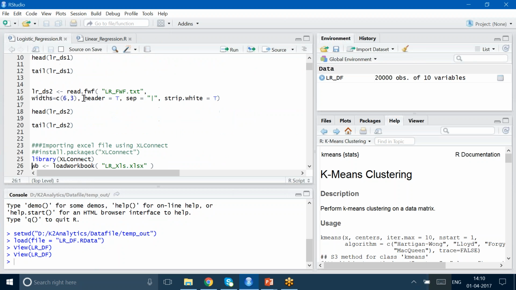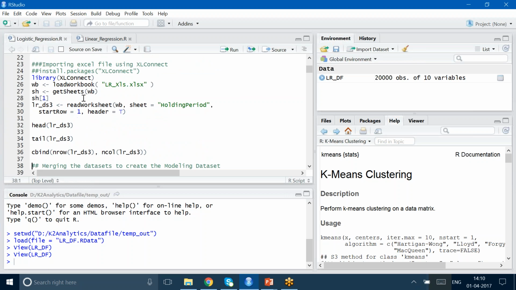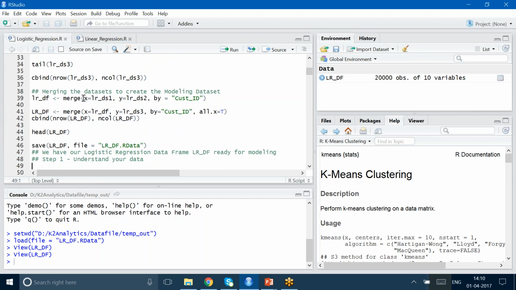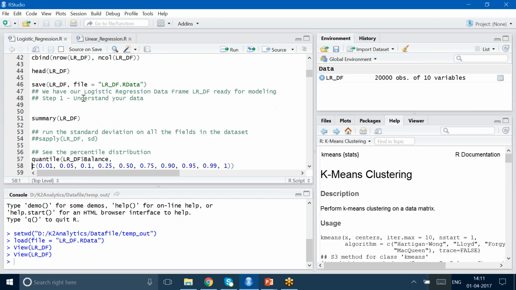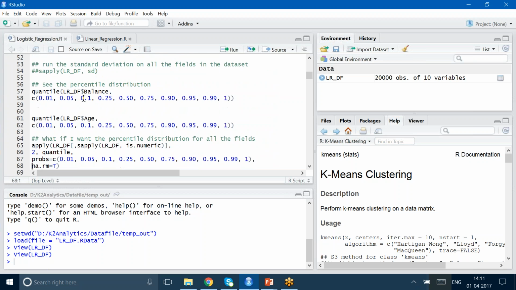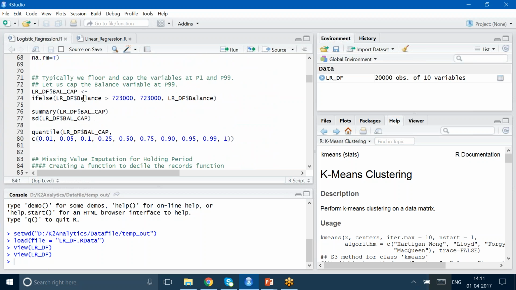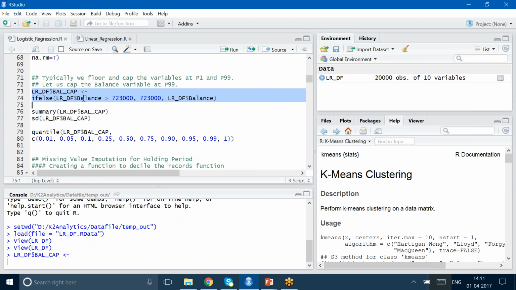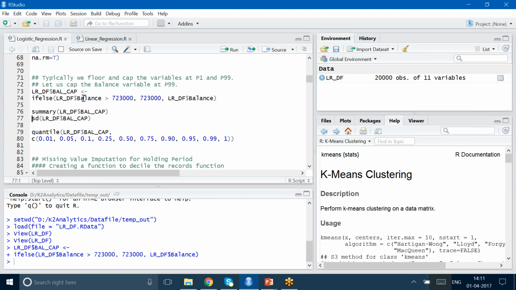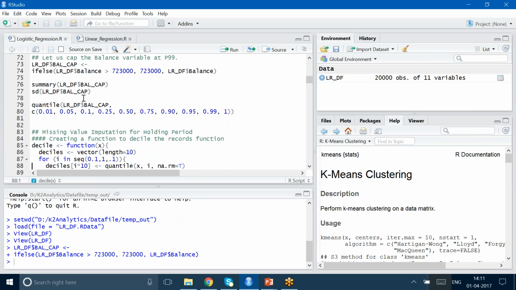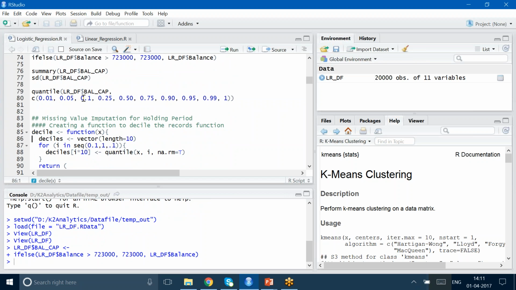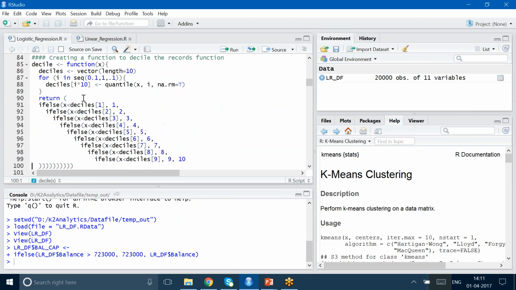All these steps we have to skip because these were import and creating the data set. Merging, import, merging, we don't have to do. Summary I'm not running now. Some things which is basically outlier treatment, I'll just quickly do outlier treatment. Okay, this part of the code has to be done. Missing value, I don't need the decile function.